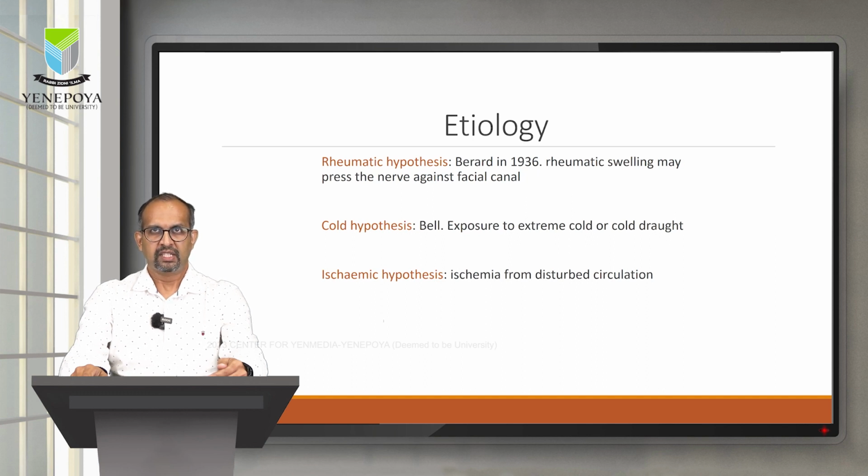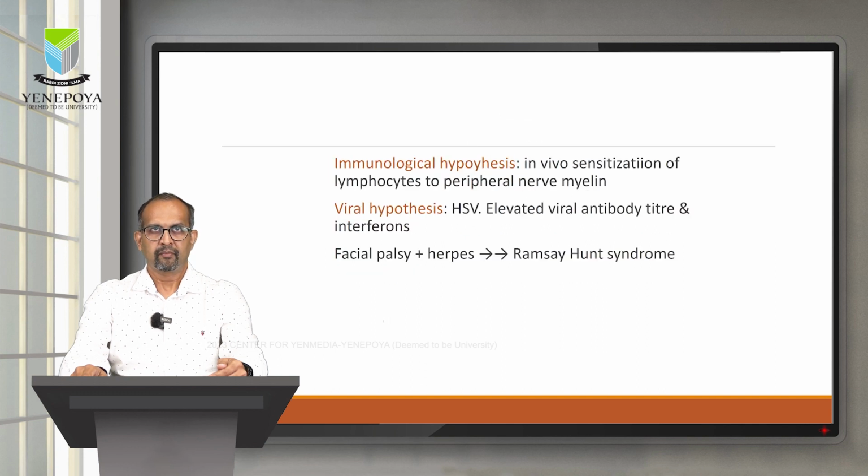Ischemic hypothesis: ischemia from disturbed circulation of the blood. Immunological hypothesis: in vivo sensitization of lymphocytes to the peripheral nerve myelin sheath. Viral hypothesis: herpes simplex virus, with elevated viral antibody titer. Facial palsy plus herpes zoster is termed a syndrome called Ramsay-Hunt syndrome.